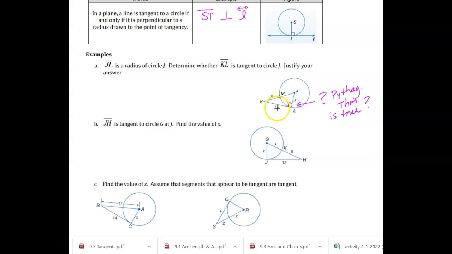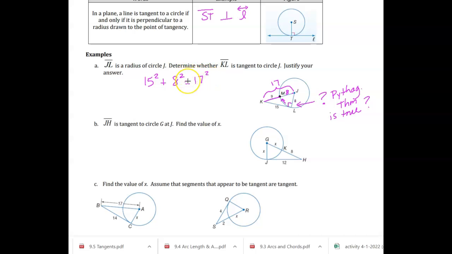So we've got the two sides, so one leg is 15. Does 15 squared plus 8 squared equal the whole hypotenuse squared? Keep in mind, I know the 9 stands for this length, but we want the whole hypotenuse. If that radius is also 8 here, that means that the whole hypotenuse length is 17.